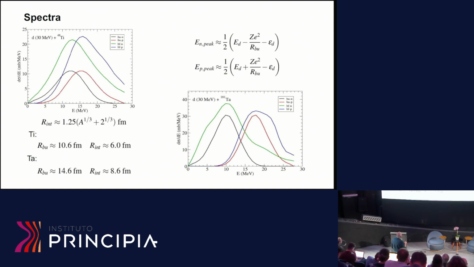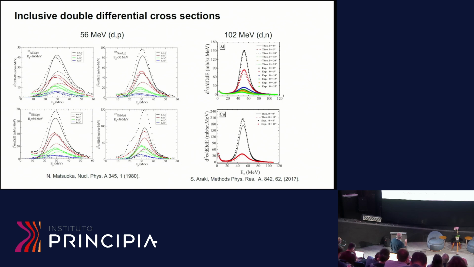Well, now we can ask, how does this compare to data? Here I take two experiments. One's by Matsuoka. It's an old experiment, 1980. And they did a big series of experiments for a big series of nuclei.